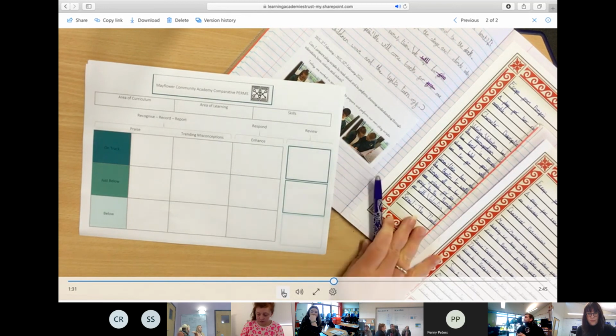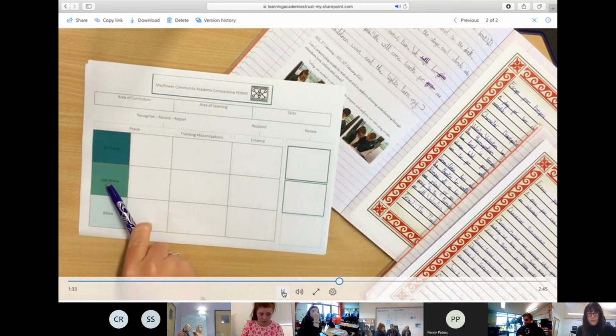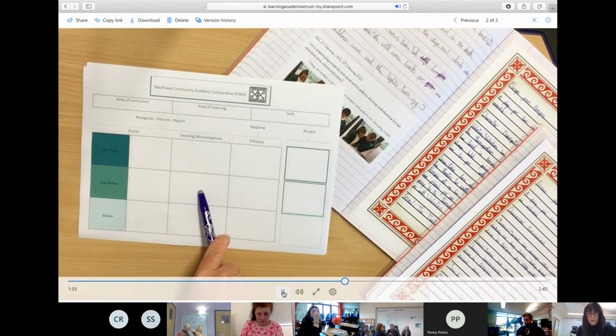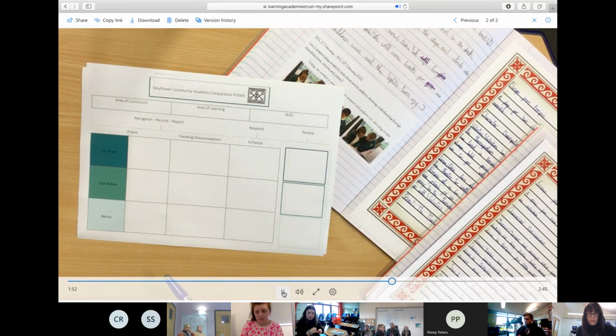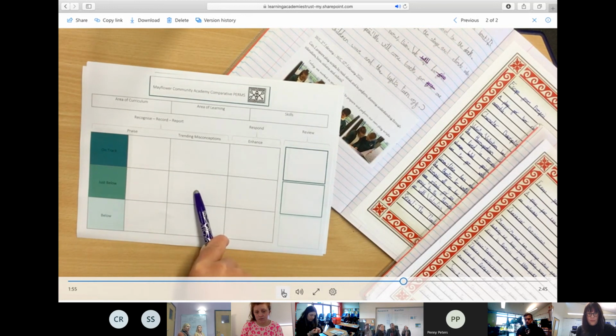For example, for my children who are just below, their trending misconception is they were able to use a comma after a fronted adverbial if that was just one word, for example, slowly. However, if they were using a phrase, for example, yesterday morning, they were forgetting to use that comma. So that would be my trending misconception.